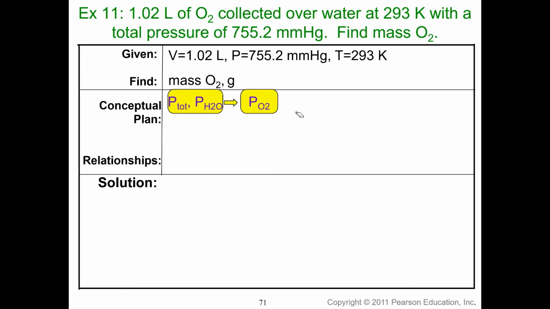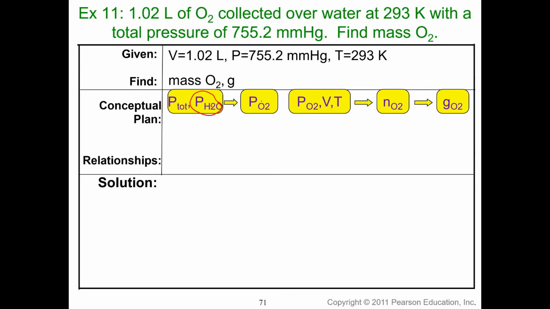All right, so here we go. We need to find the vapor pressure of water, so we can subtract it from total pressure and get the partial pressure of oxygen. To do so, we need to look it up.